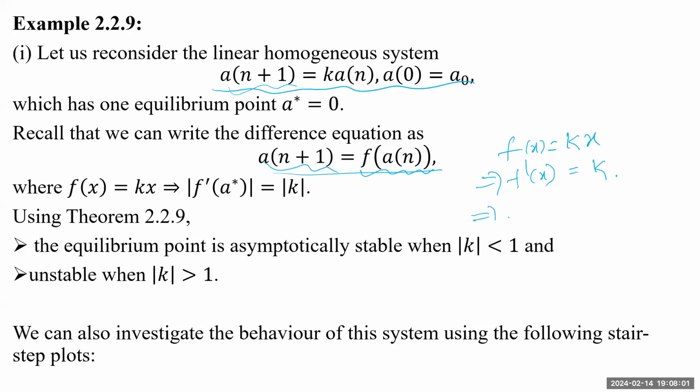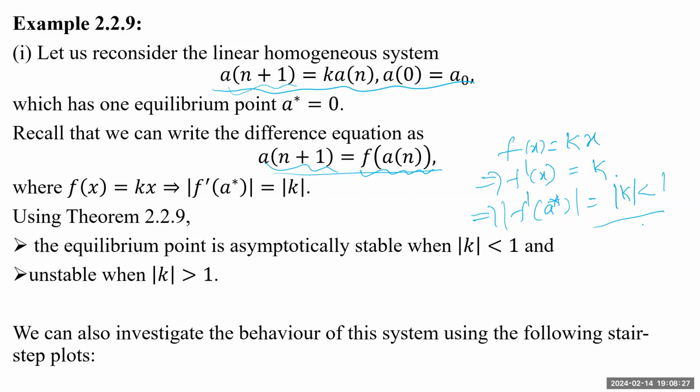So f dash of a star, if you consider a star as an equilibrium point, will again be mod k. But we know that mod k is less than 1. Already we discussed in the first example that the equilibrium point is asymptotically stable.